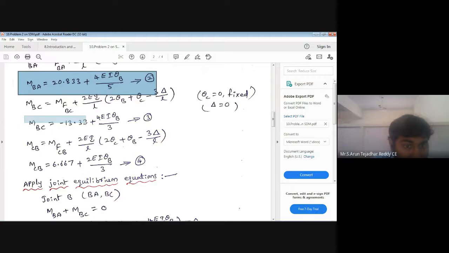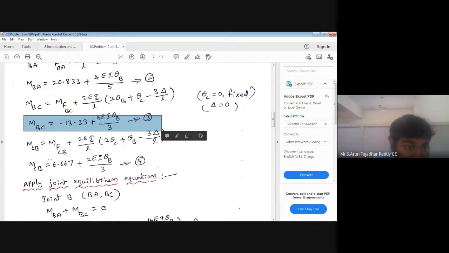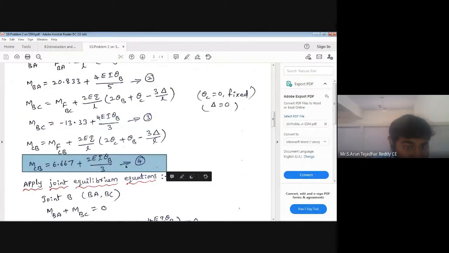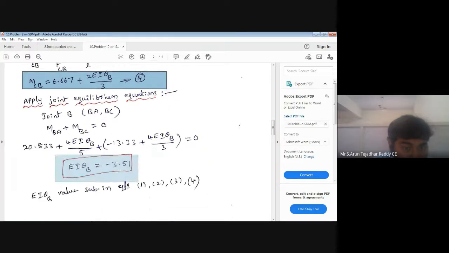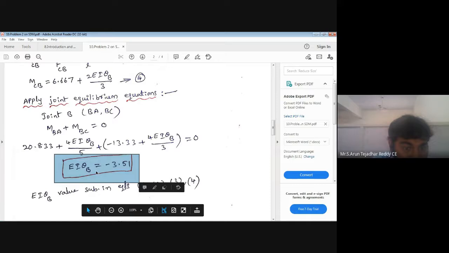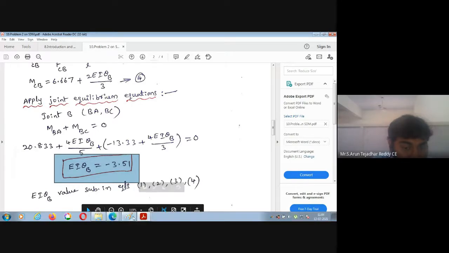Like that, equation 3 as well as equation 4. Very simple. In place of EI theta B, just substitute minus 3.51, because our EI theta B value is minus 3.51. Then we'll get our final moments.